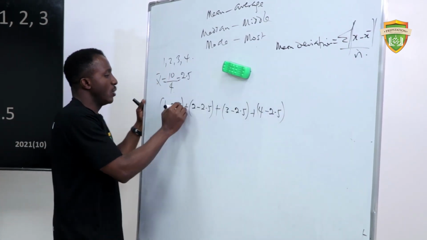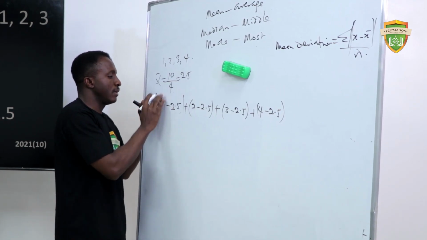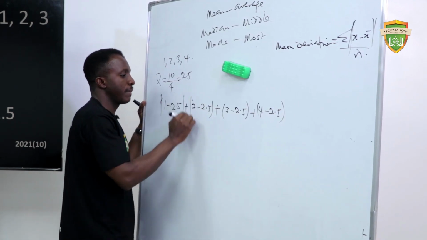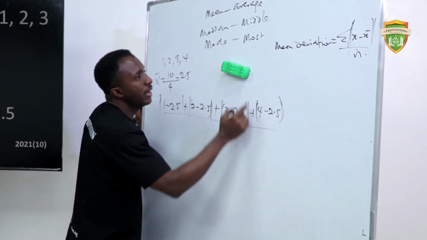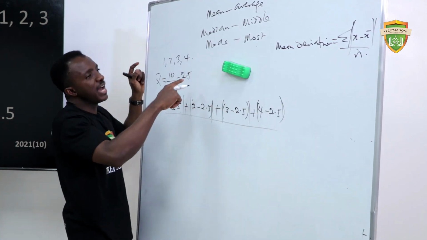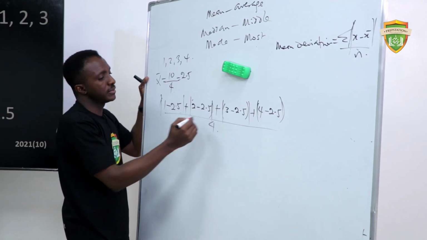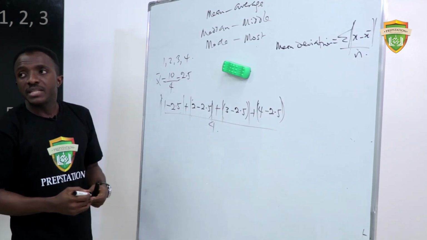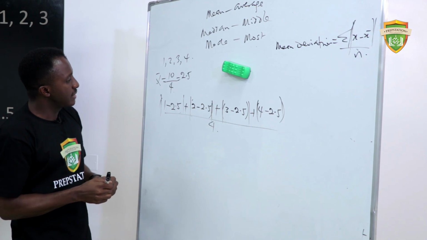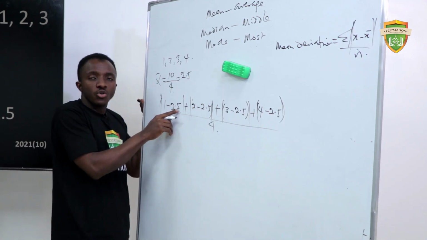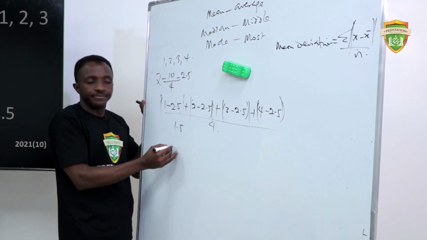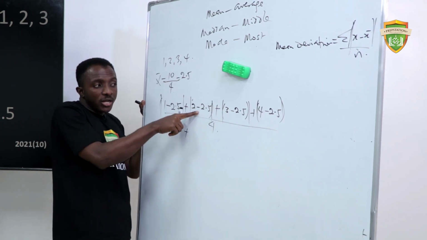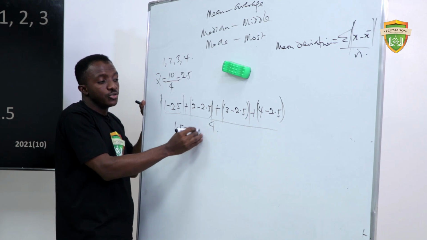Okay? So look at this. Over the number. How many numbers do we have there? 4. Are we okay? Now that's quite simple. Let's solve that. 1 minus 2.5 is minus 1.5, but it becomes 1.5. Plus, this is minus 0.5, it becomes 0.5.